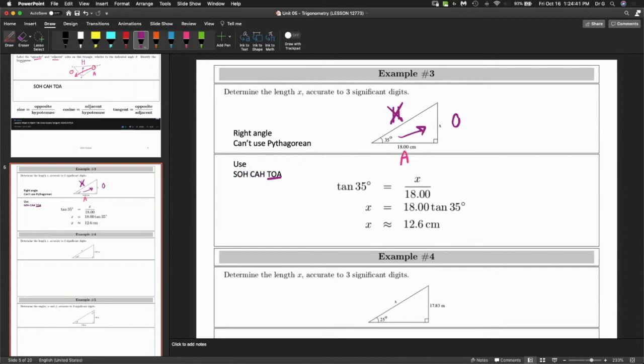So that means we're going to use tan. So tan of 35 is opposite over adjacent. And that's OA, TOA. So then what you want to do is simplify that or solve for x. What I mean by simplify is some of you might want to type tan of 35 on your calculator, whereas others might just want to deal with it later.